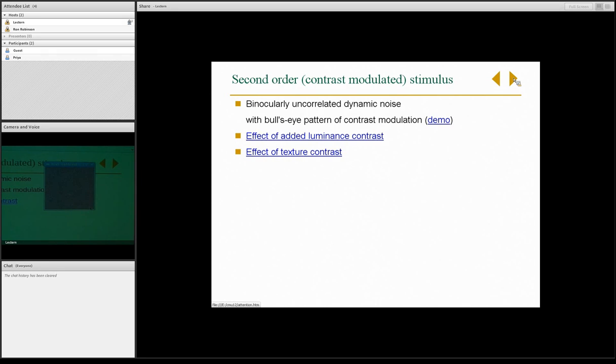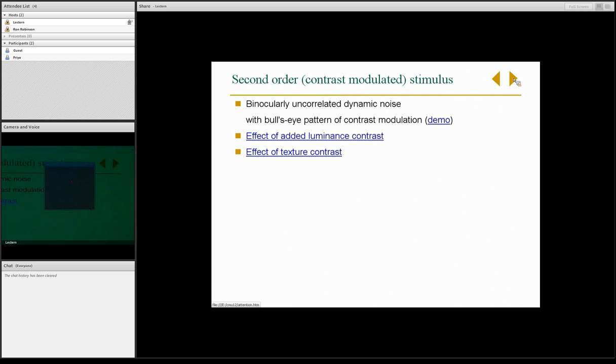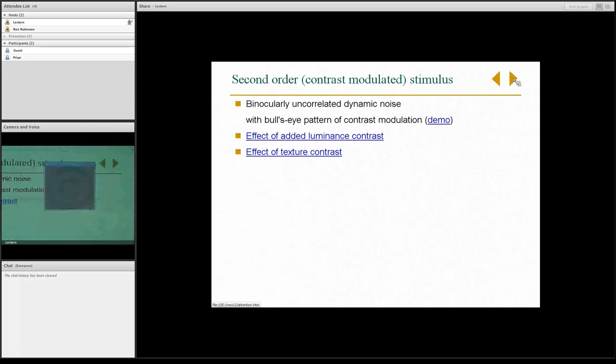In this case, we're reducing the texture contrast. We begin with high contrast in the rings and zero contrast in between the rings. Now we're doing another sweep where we add luminance. Now we're doing the contrast sweep, and then we switch to the luminance sweep, where the texture is bright, then gets darker.